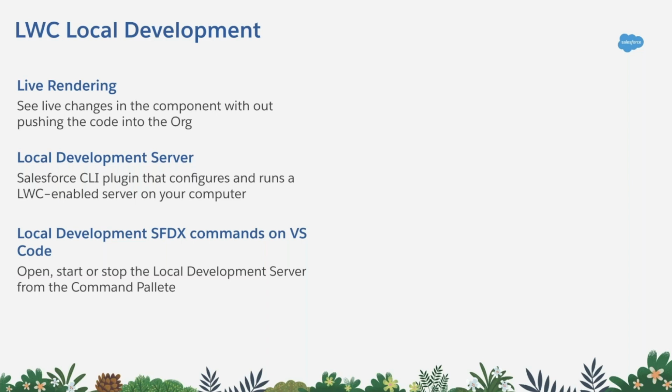The local development server can be run using your CLI, or if you want, you can also run it from VS Code, where you can use the command palette to start the local development server, stop it, or, if it's already started, open it. This local development server is provided as a CLI plugin. The only thing you need to do is install a simple plugin for your local development server, and it will be ready for you to use.